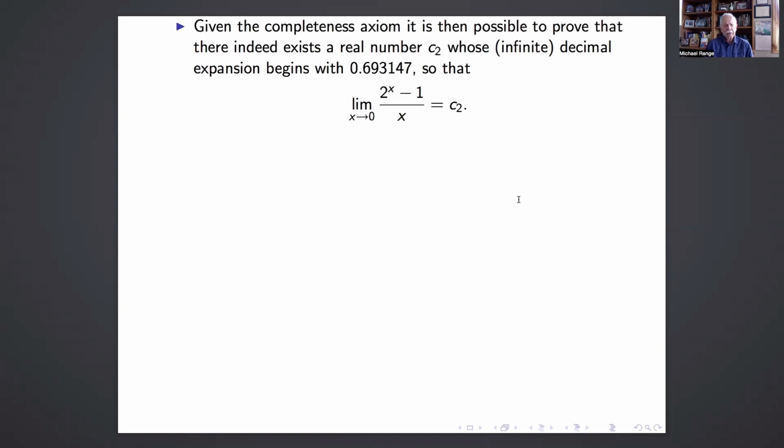Given the completeness axiom, it is possible to prove that there indeed exists a real number, c sub 2, whose infinite decimal expansion begins with 0.693147, so that the limit of (2 to the x minus 1) over x is equal to c2.